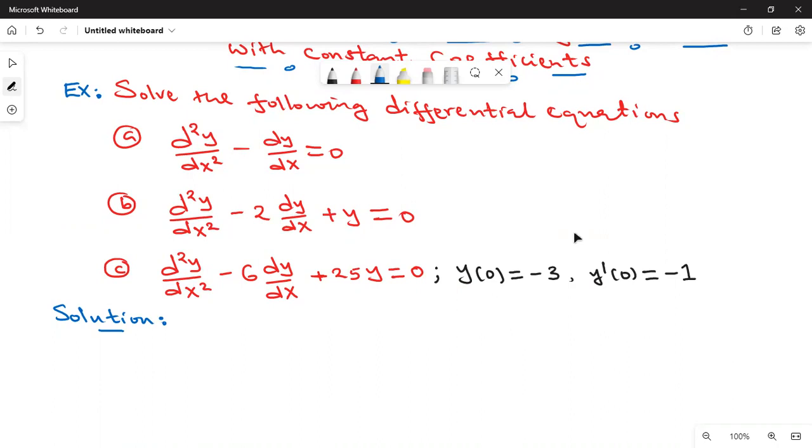They are homogeneous. Remember, even before we look at how to solve each of them, I want us to take note of this. Let's consider this equation: a d squared y over dx squared plus b dy over dx plus c times y is equal to a function f of x.